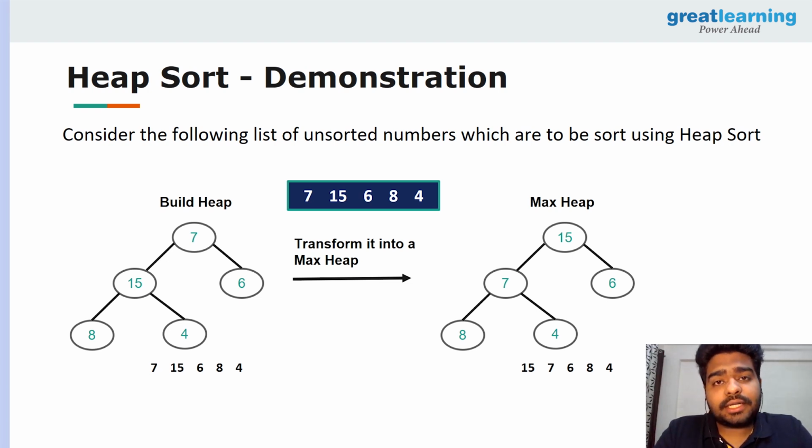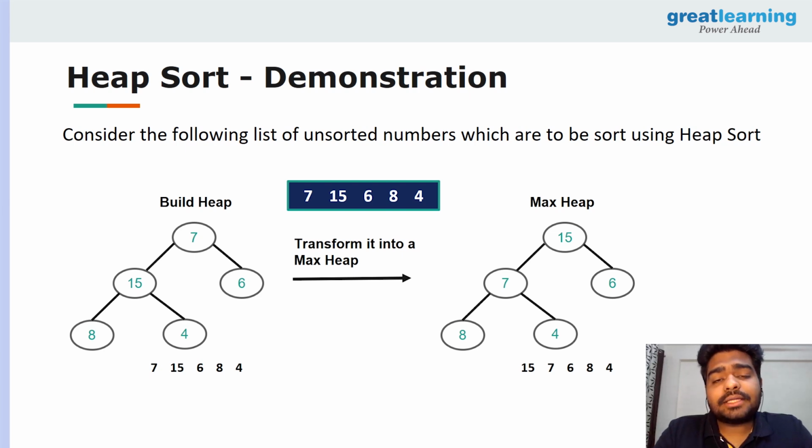If you can see, 15 is a parent node which is greater than 7 and 6, which are its child nodes. So it's perfect. But when you look at 7, 7 is a parent node for 8 and 4. And 8 is greater than 7, right? So don't you think we need to make this max heap more accurate?